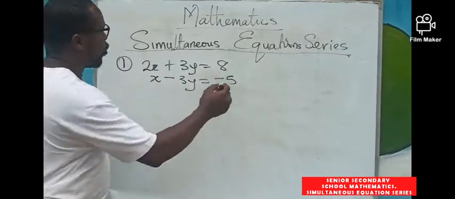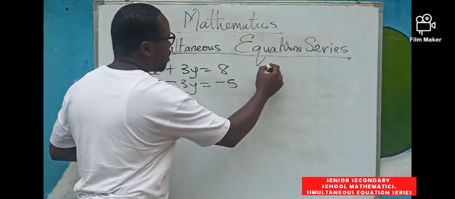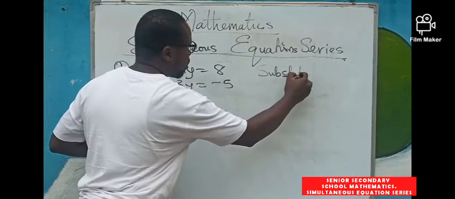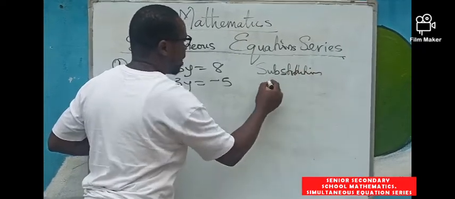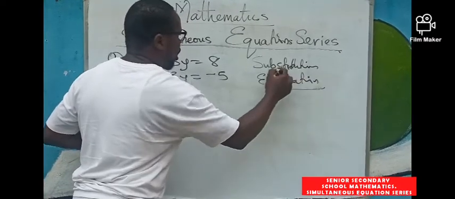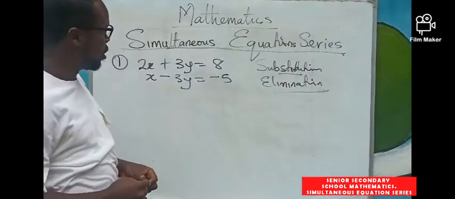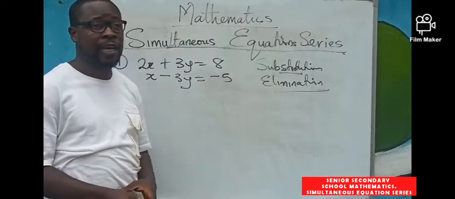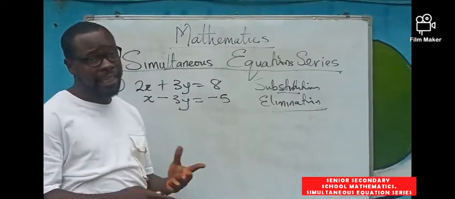All right. So we can solve using substitution and elimination. There are two ways of approaching simultaneous equations. We can even solve graphically, and we can even solve using the matrix method.